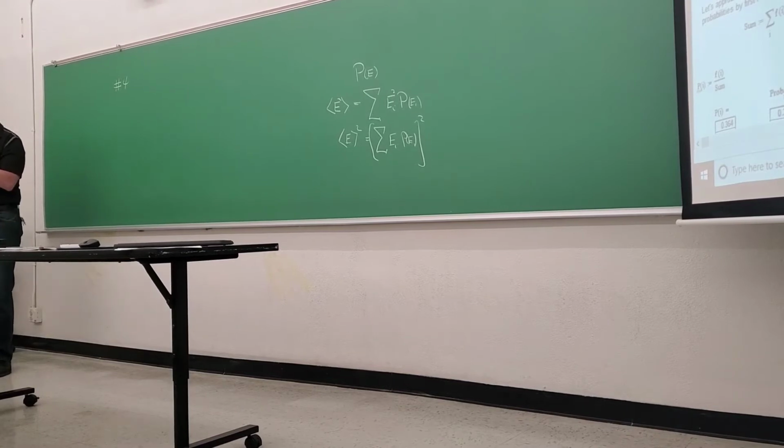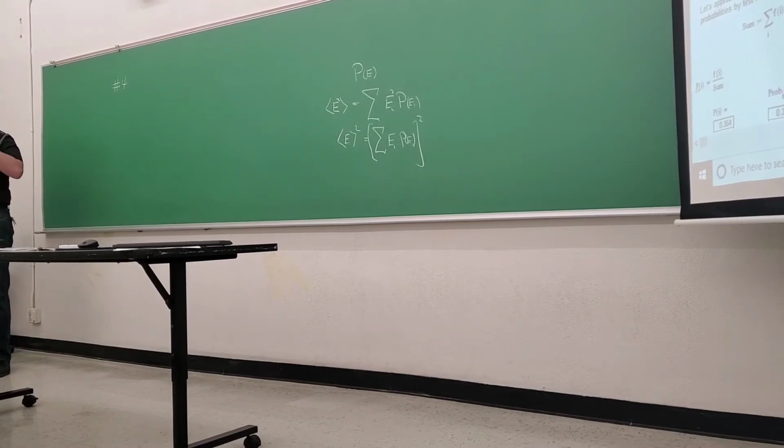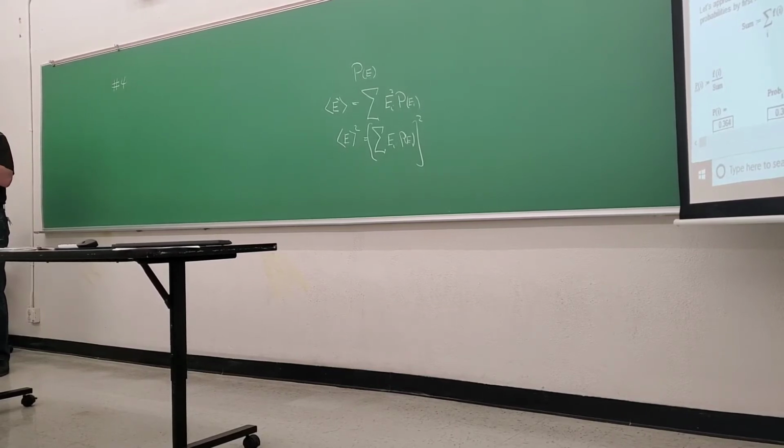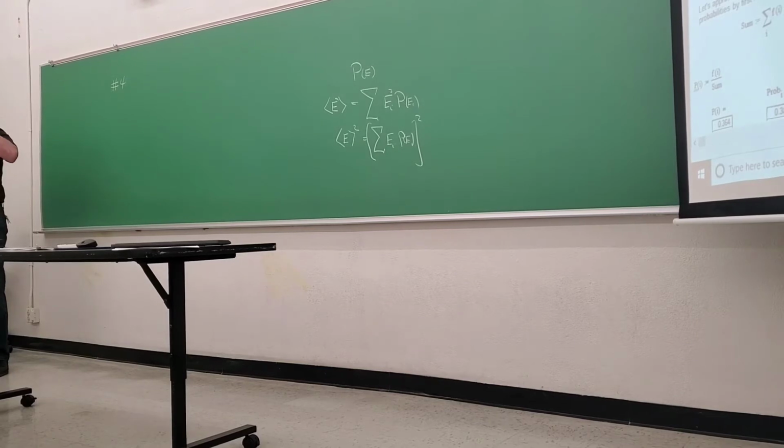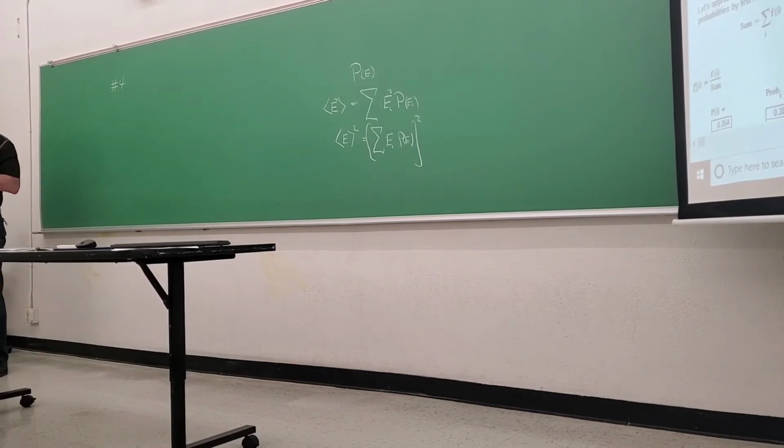So what we're going to do now is, if I know all the energies of rotation, all the energies of vibration, and so on, what I need to know is the statistical distribution of particles among all these energy states.